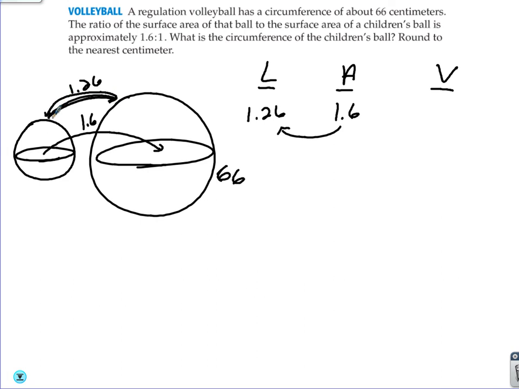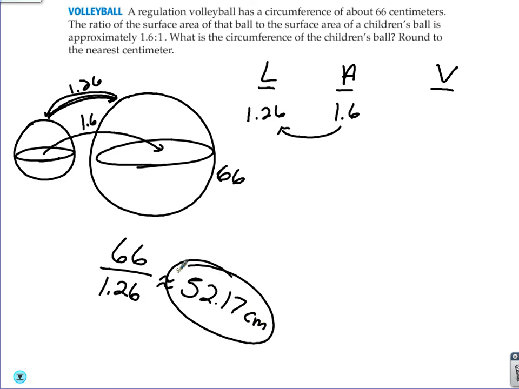So you're going to take your 66, divide it by whatever answer you have on your screen, and you get about 52.17 centimeters.